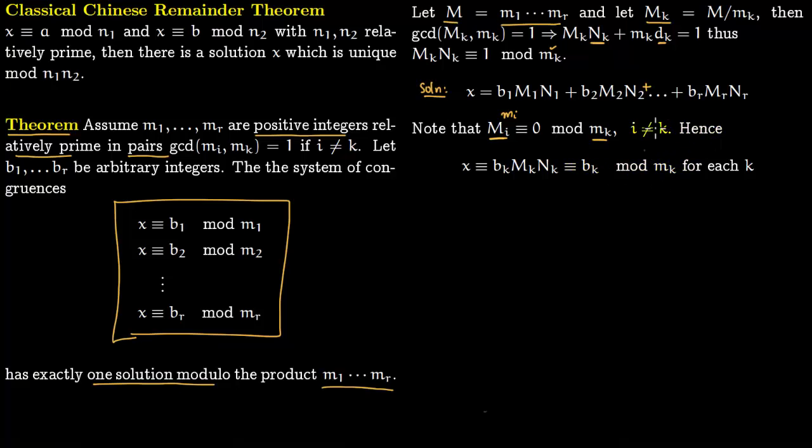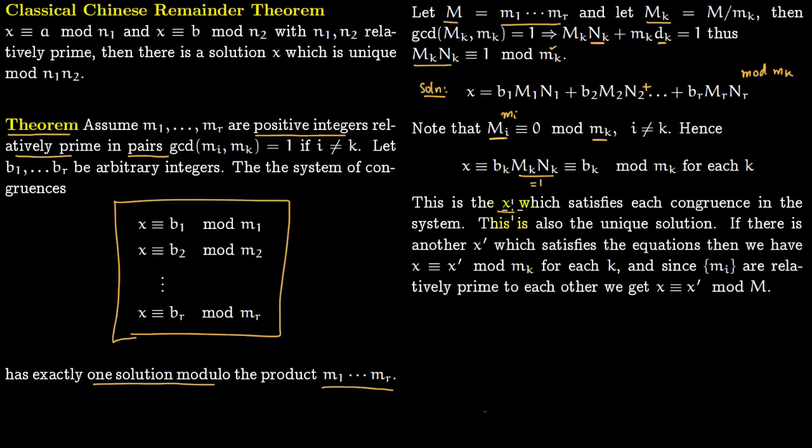So now you take this equation and you modulo it with mk. The only thing which will remain is bk Mk nk, and every other thing will be 0 because Mi is equivalent to 0 modulo mk for i not equal to k. So only the kth part is remaining. But for the kth part, you know Mk nk is 1. So this is equivalent to bk modulo mk for each k.